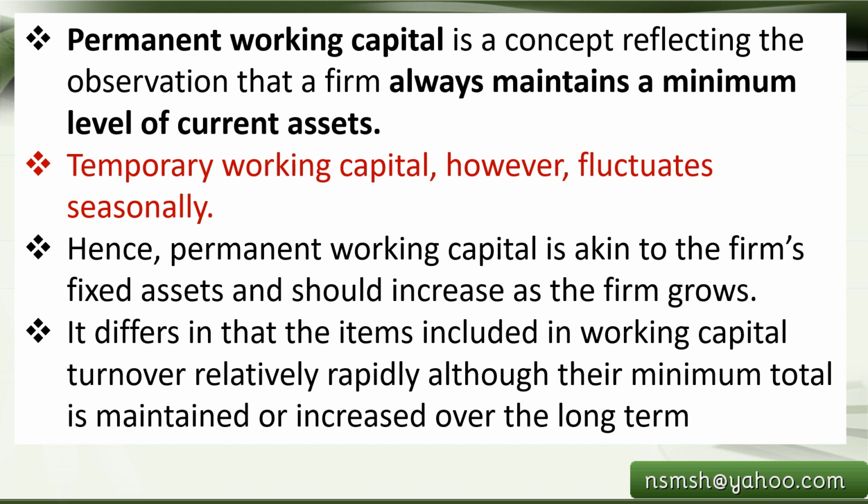Temporary working capital is the net working capital minus the permanent working capital; that portion is called temporary working capital. However, it fluctuates seasonally. Hence, permanent working capital is akin to the firm's fixed assets and should increase as the firm grows. It differs in that the items included in working capital turn over relatively rapidly, although their minimum total is maintained or increased over the long term.